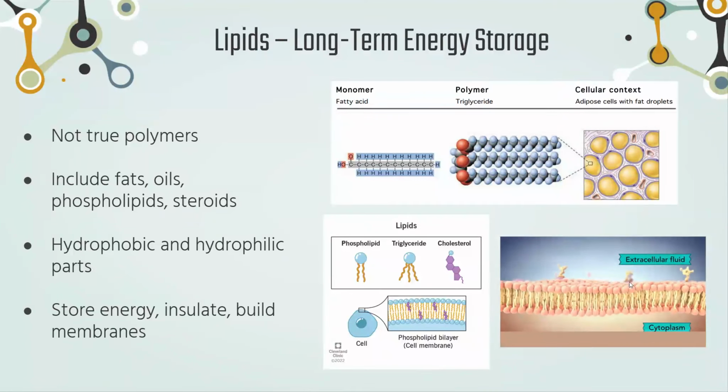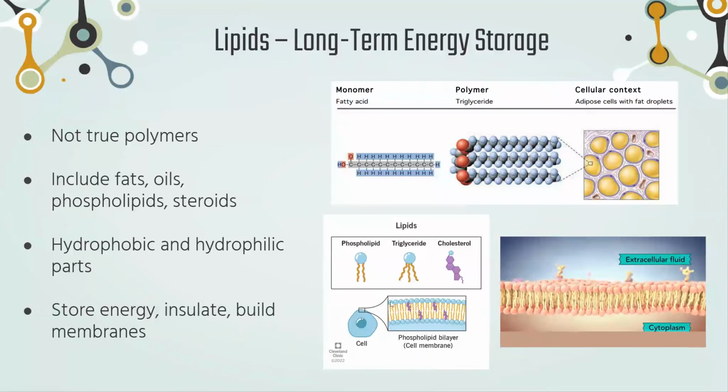And what's interesting about lipids is that the basic component has a hydrophobic component and a hydrophilic component, meaning some parts of it like water, hydrophilic, and some parts of it hate water or are repelled from water, which is hydrophobic. So for example, we actually use these lipids to store energy, to insulate, and even build cell membranes.